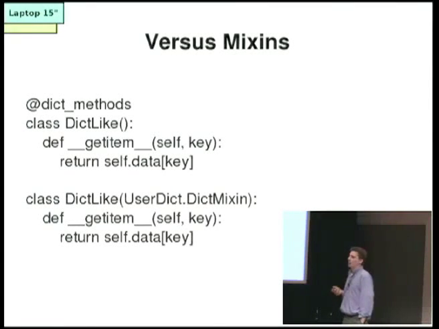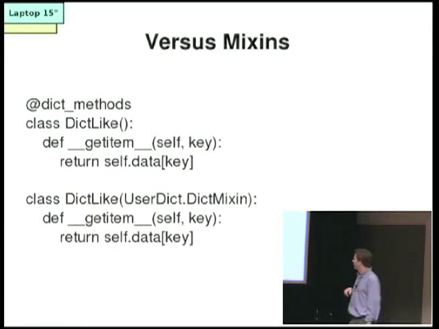Mix-ins is where you have a class that has a bunch of default functions, default implementations for things, and if you don't override them in your class, you just end up inheriting those. A class decorator that does the same thing defines a bunch of default implementations, and then adds them before it returns the new class.